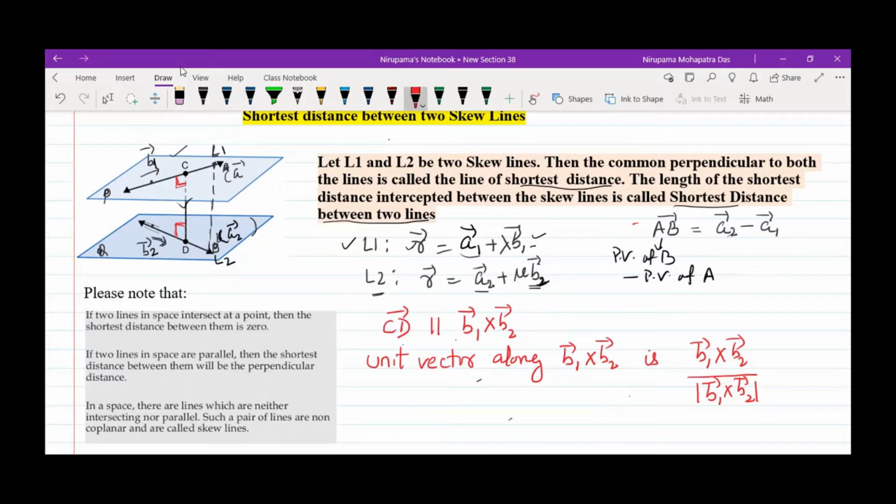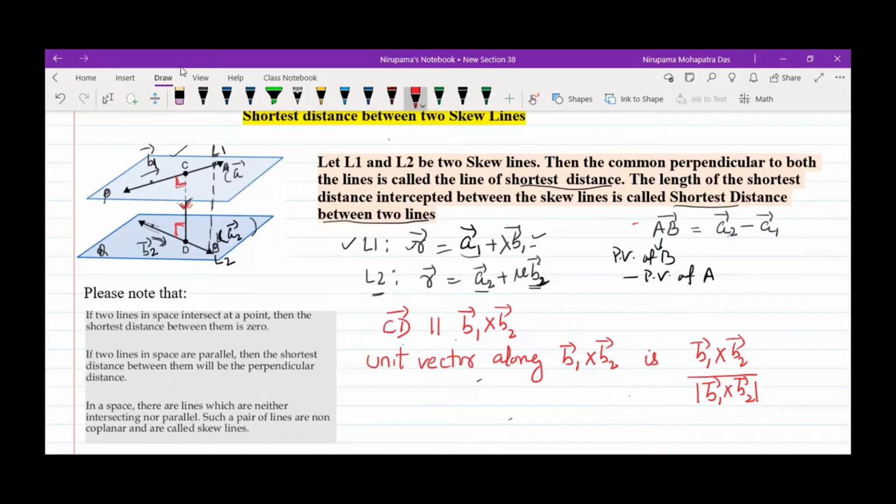The length of the shortest distance intercepted between the skew lines is called the shortest distance between two lines. It means the length of CD, or if we take CD as a vector, the magnitude of CD. The length of the line segment CD, which is perpendicular to both L1 and L2, can be taken as the shortest distance between two lines.